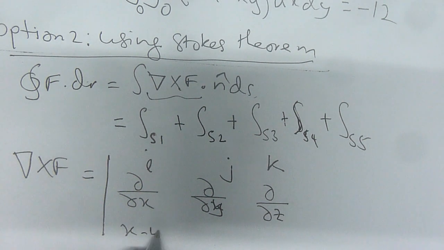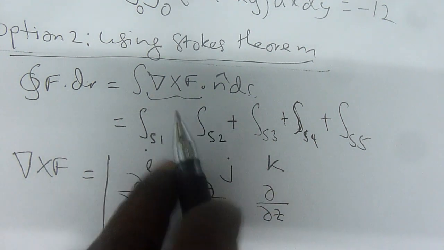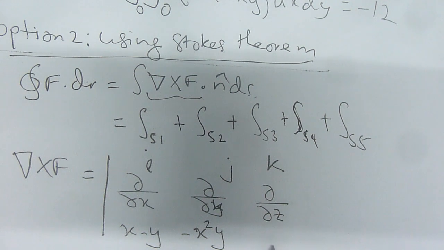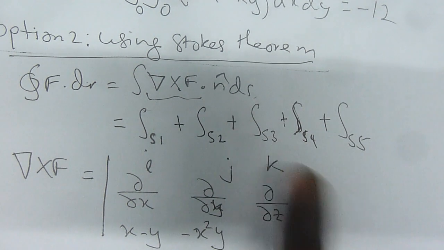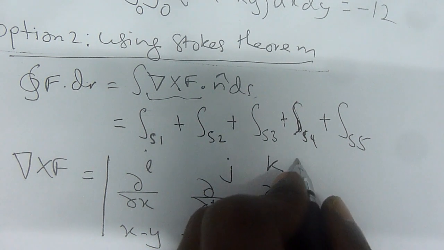This is x minus y, this is negative x squared y. We know F has only 2 components, but is there a k? You cannot ignore this, you need to include that as a 0.